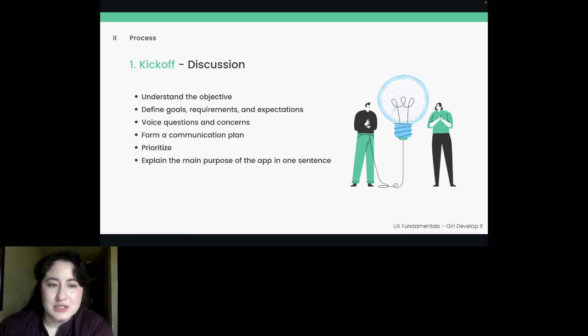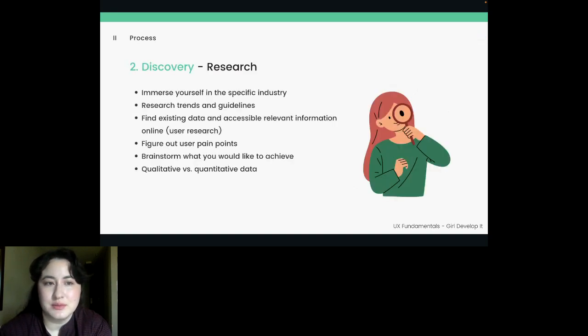Voicing any questions and concerns, forming a communication plan. And at this point, you should be able to explain the main purpose of your app or your product in one simple sentence. And I'm going to mention some project management and communication tools at the end in the resources. So we'll see that.